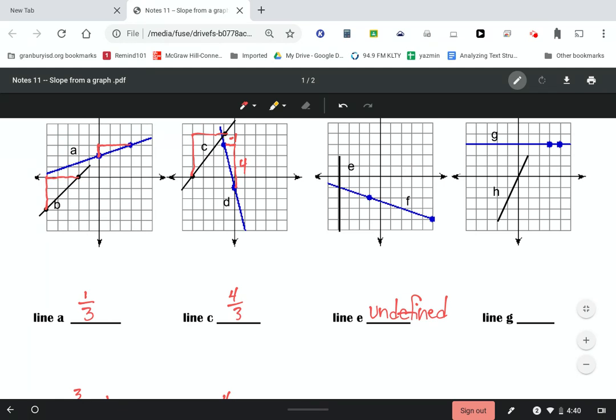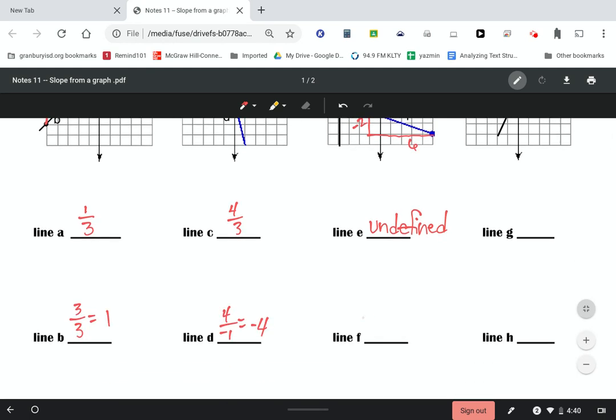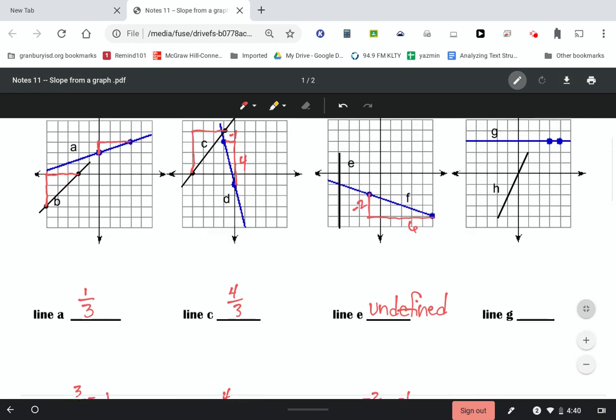So instead of going up, because I'm never going to get to that point if I go up, I'm going to go down 1, 2, and when I go down, it's a negative. And then I'm going to go right 1, 2, 3, 4, 5, 6. All right, so I'm going to have -2 divided by 6, and I'm going to reduce that to -1/3.